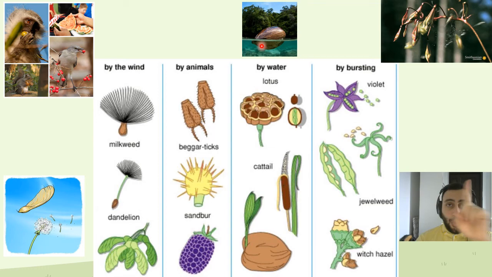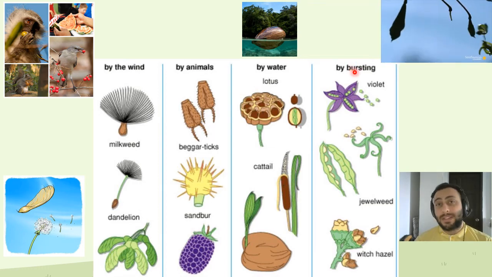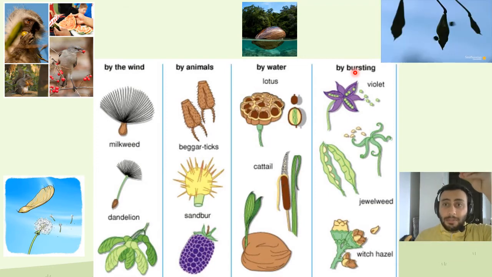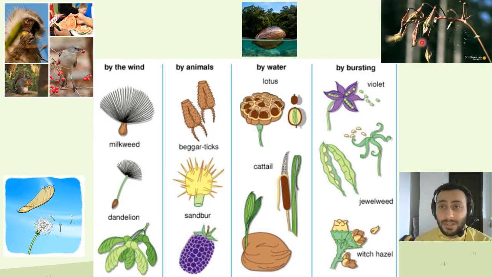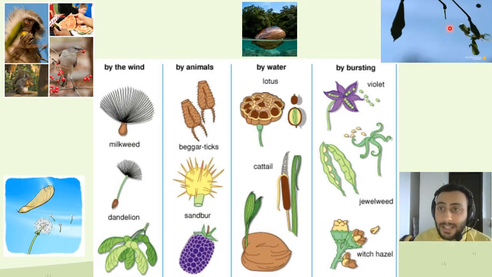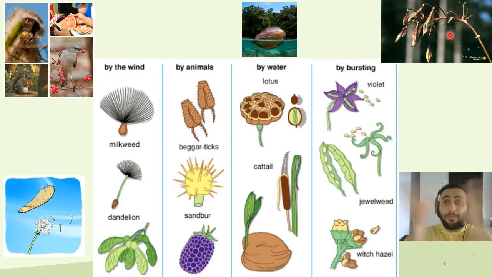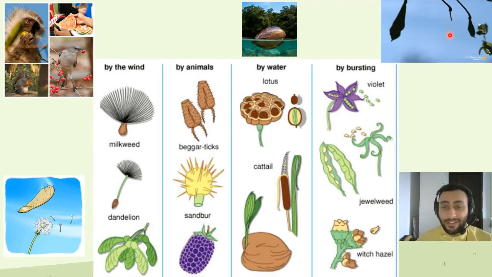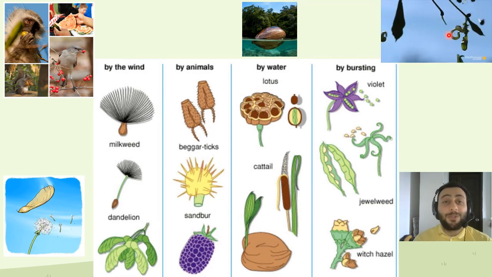Now, there is one more way. Plants themselves, sometimes the seed in the fruit falls. But sometimes some fruits, like this one, explode. They burst. Look at this one. Boom, boom. See? They burst. And the seeds go everywhere. Nature is very cool.